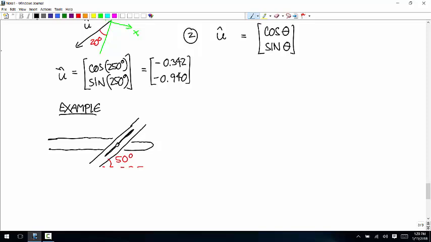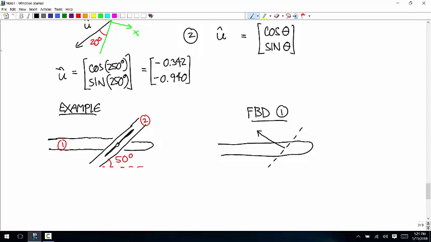Now if I'm going to draw a free body diagram of this part of the background piece, I'll call this one body 1 and this one body 2. So here's a free body diagram of body 1. The direction of that force is perpendicular to that slot, a 90-degree angle.